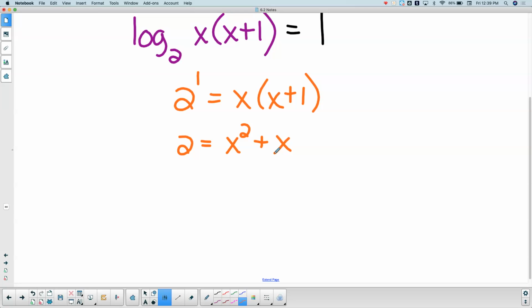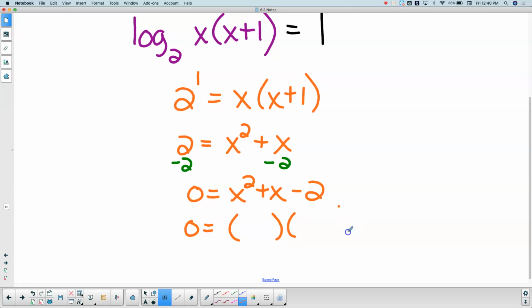We can solve that. Set it equal to 0 next. Yes, because we have a squared term. Factorable?